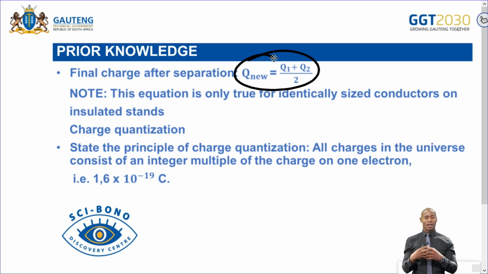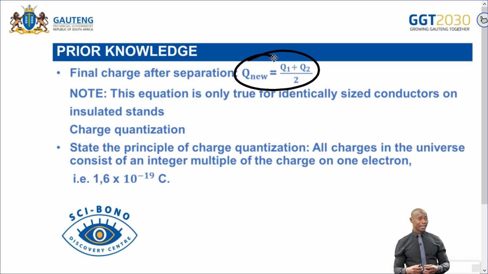Until these two spheres have the same charge. So how do we calculate that charge? The charge is calculated using the equation Q new equals Q1 plus Q2 over 2.